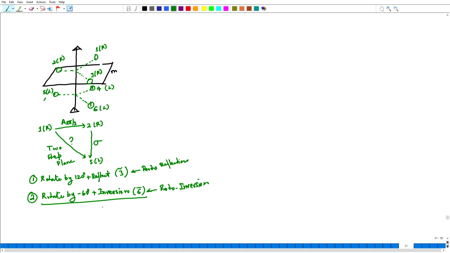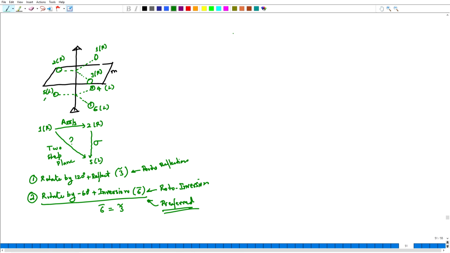So, we will say that 6 bar is equal to 3-fold roto-reflection, but roto-inversion is the preferred operation for us. From now on we will not talk about roto-reflection, we will only talk about roto-inversion.